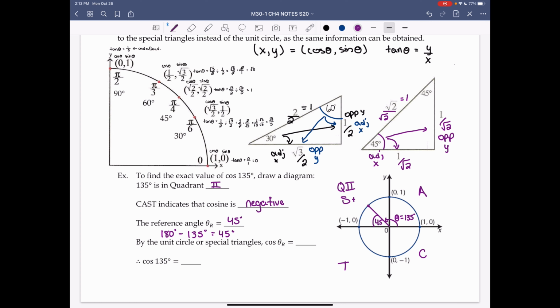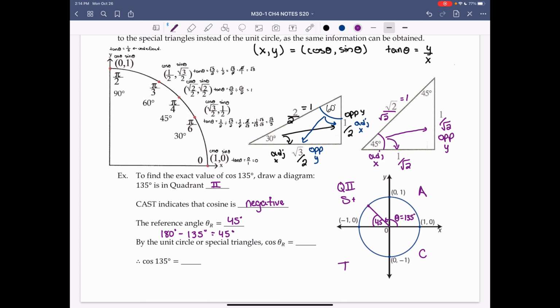By the unit circle or special triangles, cos theta r equals. So looking at the unit circle, a 45 degree reference angle gives us root 2 over 2 for both the x and the y. Cos is the x value, so it would be root 2 over 2.